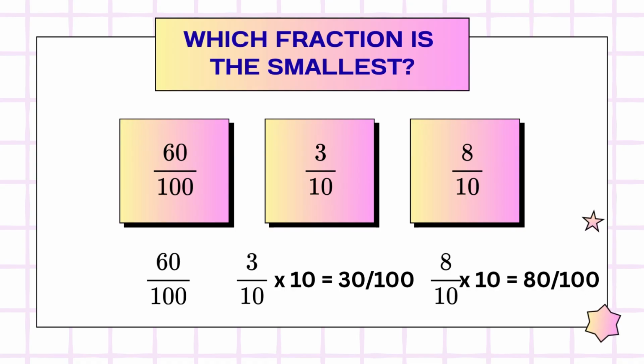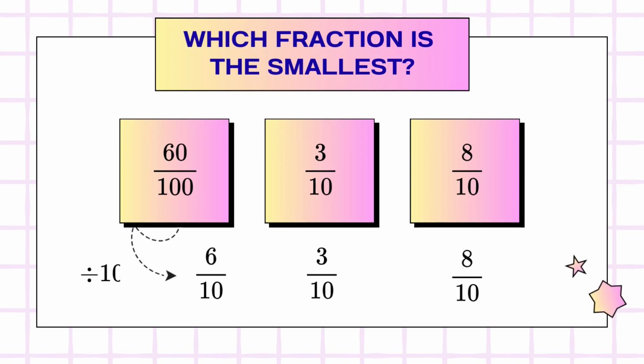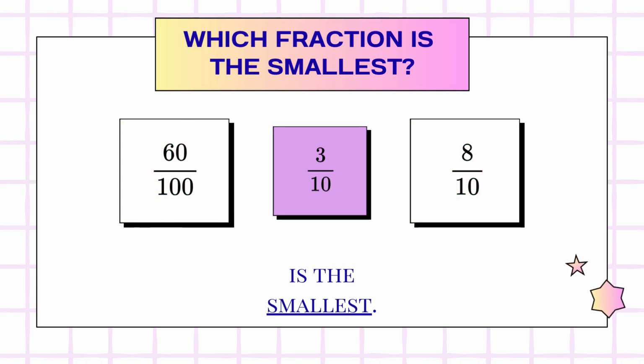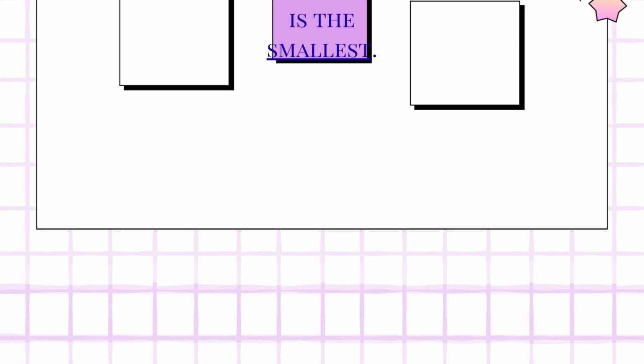If you convert everything to hundredths, the three fractions become 60/100, 30/100, and 80/100. Alternatively, you could convert 60/100 to tenths by dividing both parts by 10, giving you 6/10. Either way, once all the denominators match, you can simply compare the numerators. In this case, 30 over 100, or 3 over 10, is the smallest fraction.